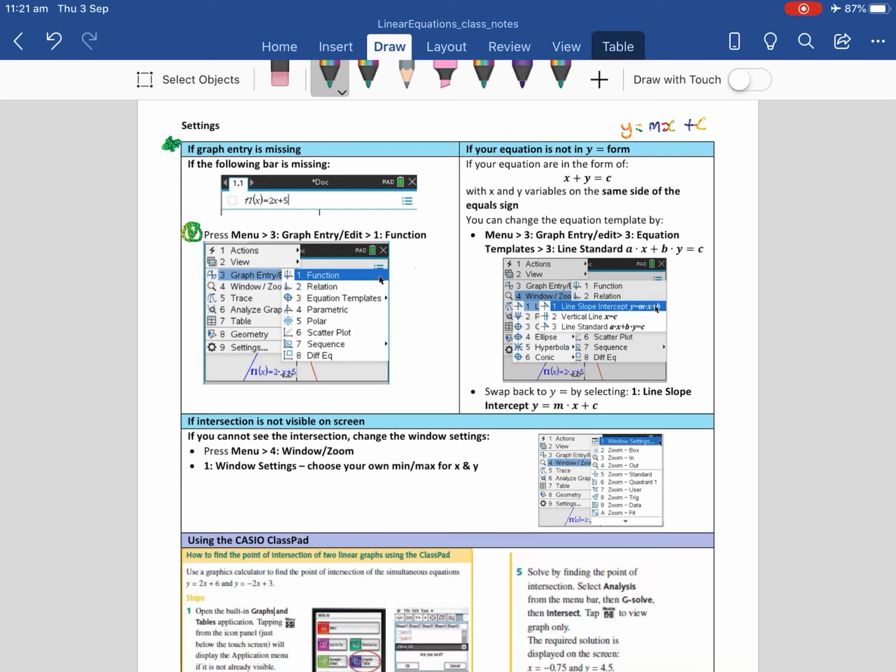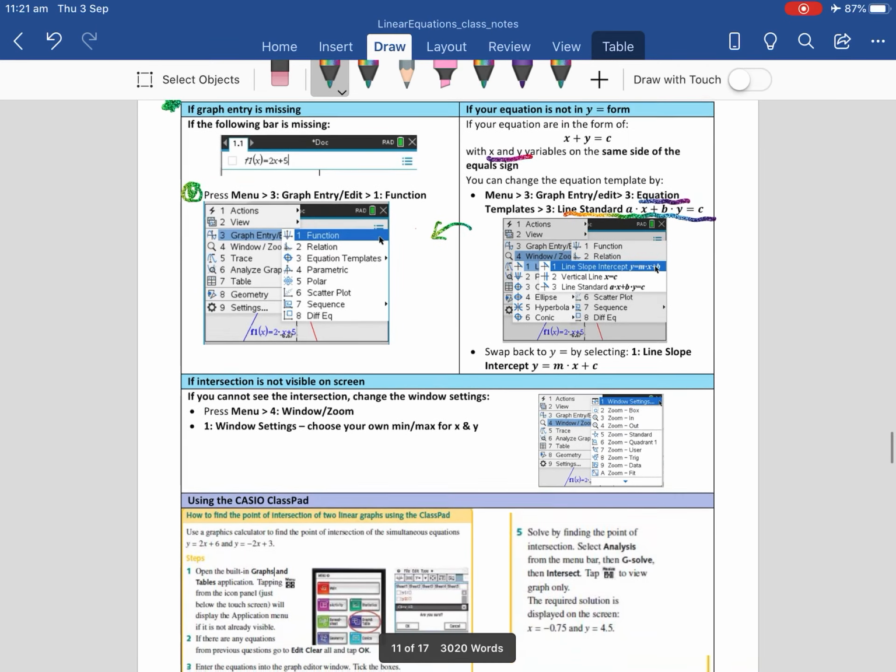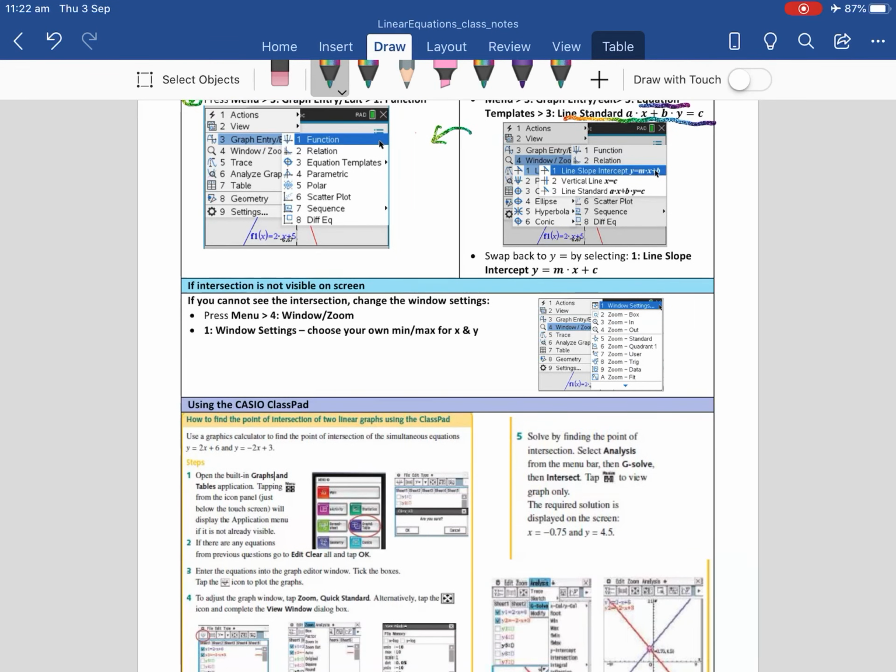But if it's not in that form, meaning the x and y variables are on the same side, when you go to enter a new graph entry, similar to step 1, instead of clicking function, you want to click equation, and then line standard. It'll turn it into the general form so that it can be easily identified.